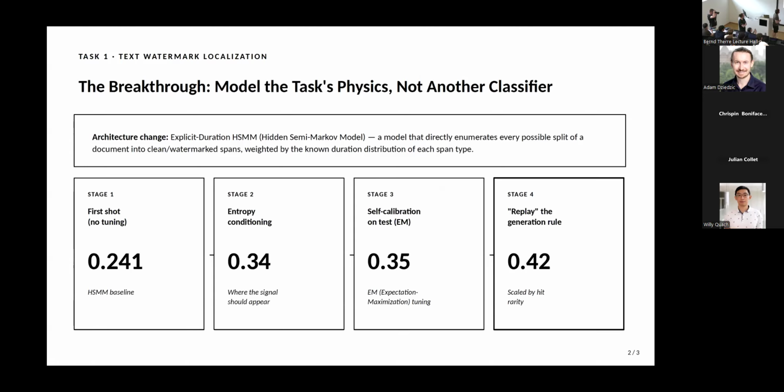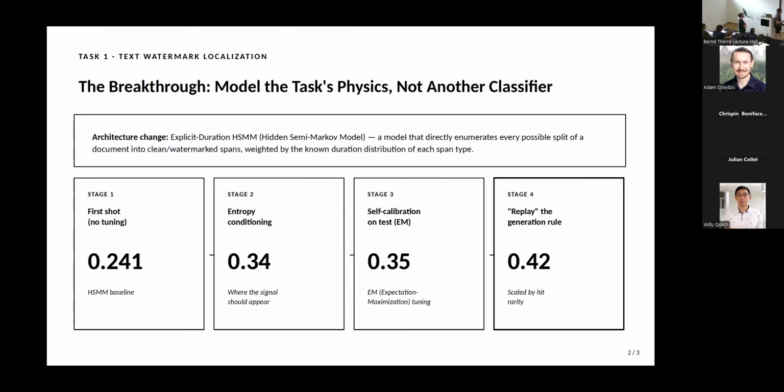The first breakthrough was changing the architecture to an explicit duration Markov model. It enumerated every possible split between watermark and non-watermark spans. So I think that answers the question, because it depends on the model rather than on some sliding window or a threshold. It gave us the first shot without fine-tuning, 0.24.